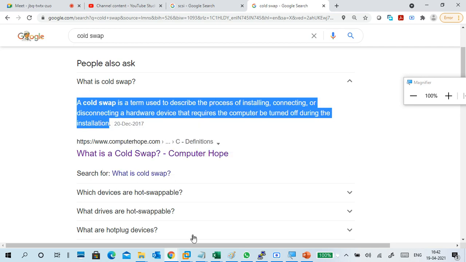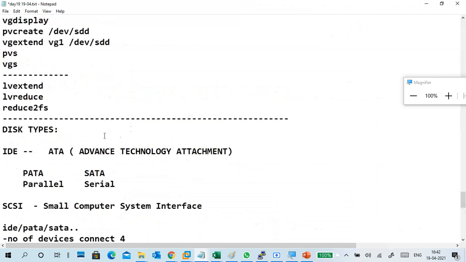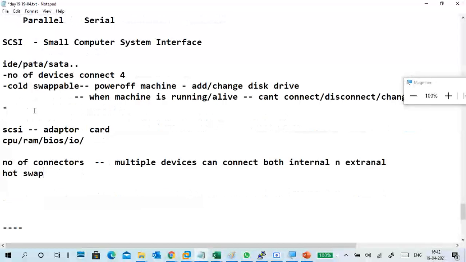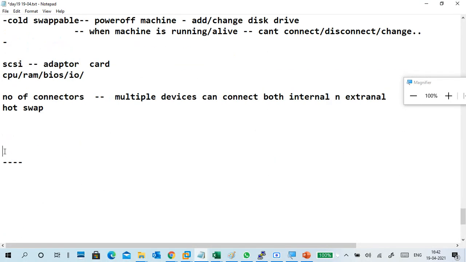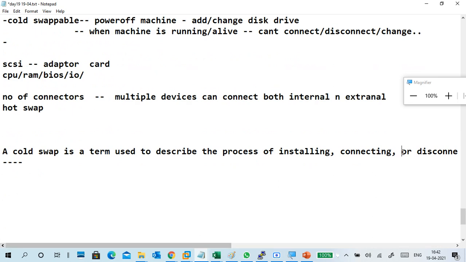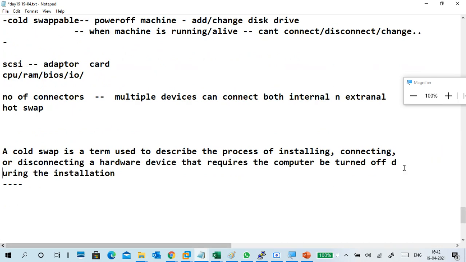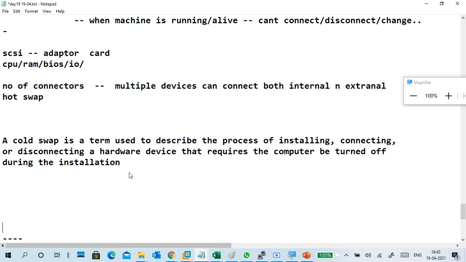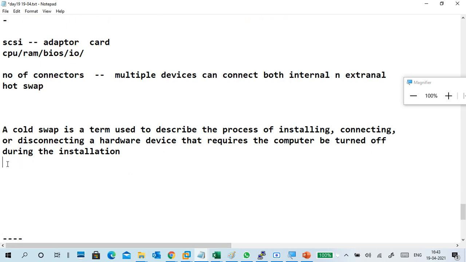That is called cold swappable. So, like you are installing a hard disk in a system, or maybe you want to change the RAM, you must shut down the PC, right? So that is called cold swappable.